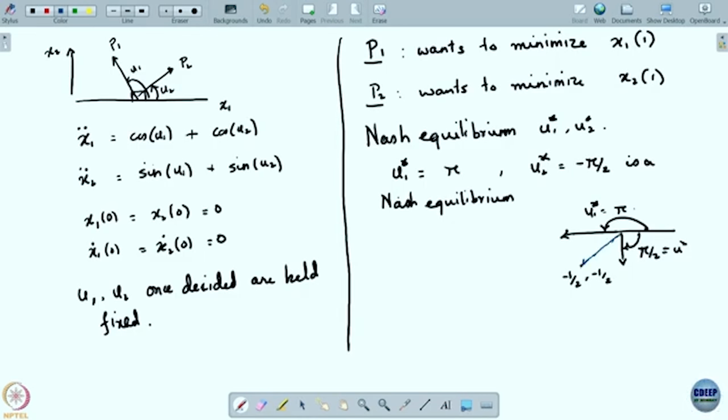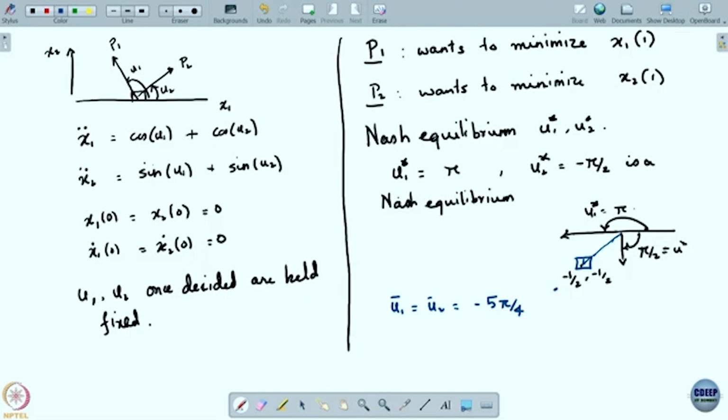If these players were instead to choose the directions in which each pulled along the 45-degree line in the third quadrant, that means if they had chosen U1 bar equal to U2 bar equal to minus 5 pi by 4, then the block would go along this direction, but even further down, because both the forces would be aligned, right? So they would actually each be better off.